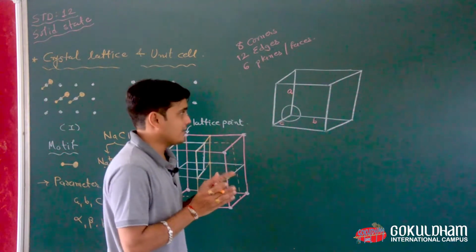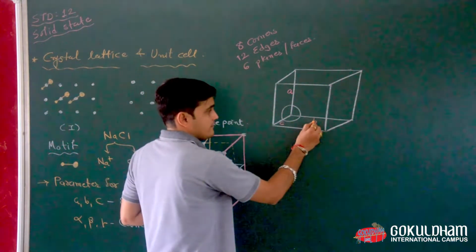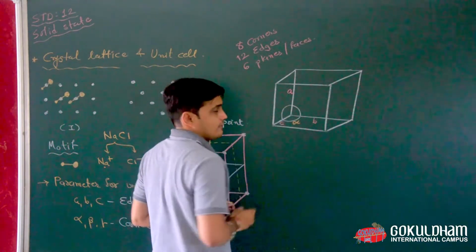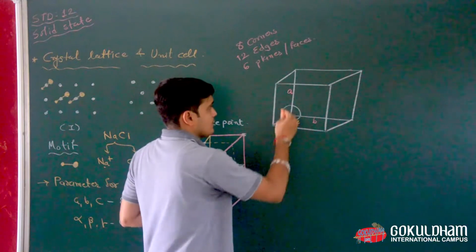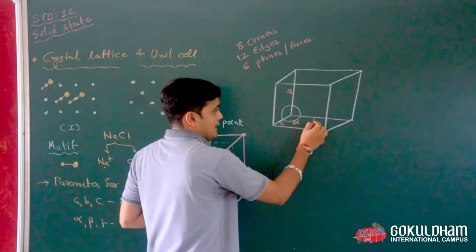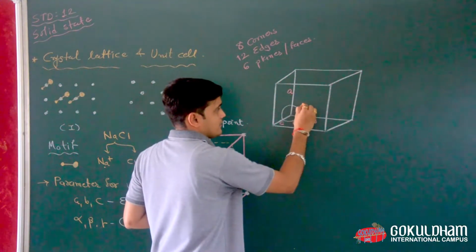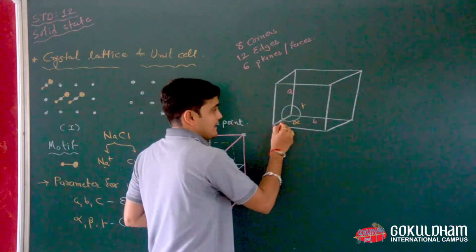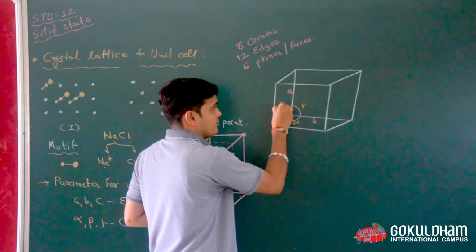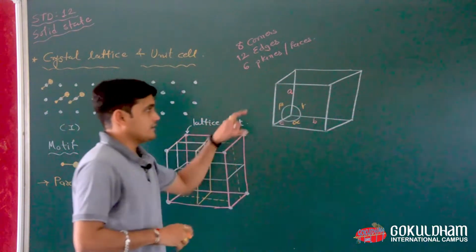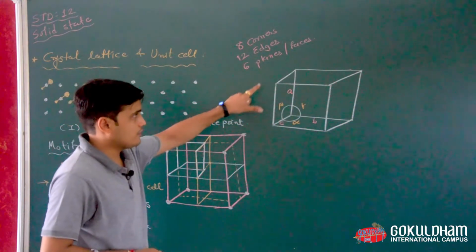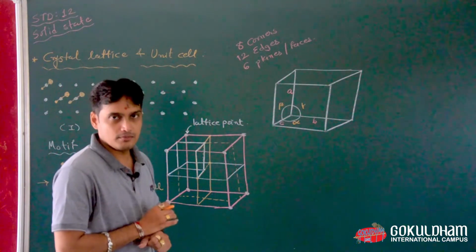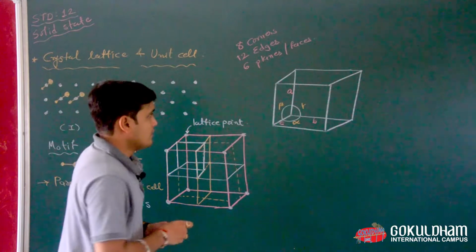Between the b edge and the c edge there is the angle alpha. Between a and b there is the angle gamma, and between a and c there is the angle beta. These 6 parameters are used for the identification of a simple cubic cell or simple unit cell.